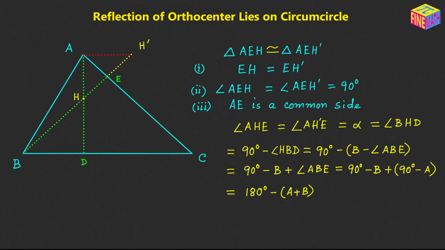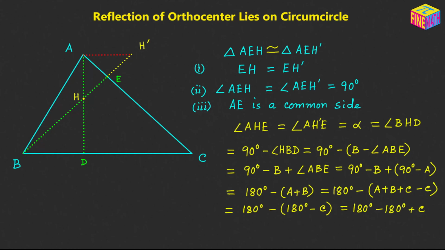And then we can write A plus B as A plus B plus C minus C. And of course A plus B plus C is equal to 180 degrees, because that's the sum of the interior angles of a triangle. So that can be written like this. And then if we remove the parenthesis, it is going to look like this, which is essentially the angle C. So we are able to prove that the angle AHE, which is equal to the angle AH prime E, which we consider as alpha, is the same as the angle C.